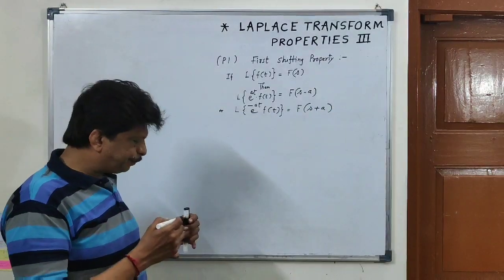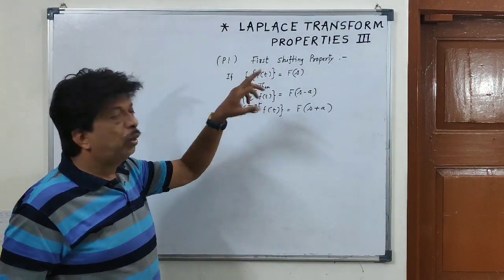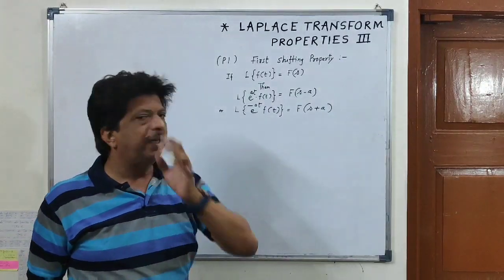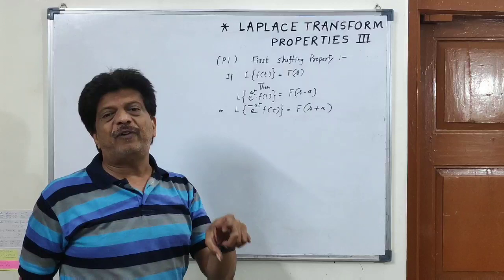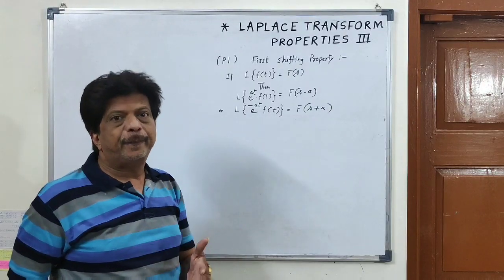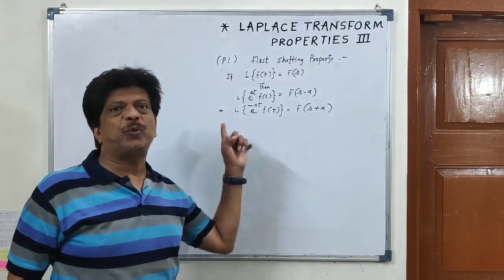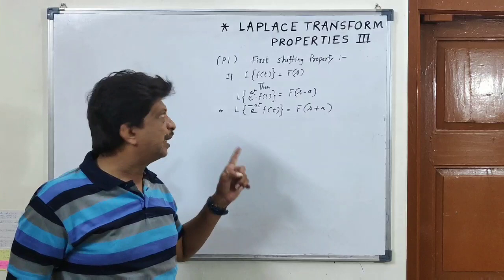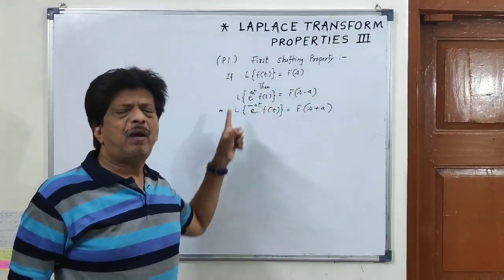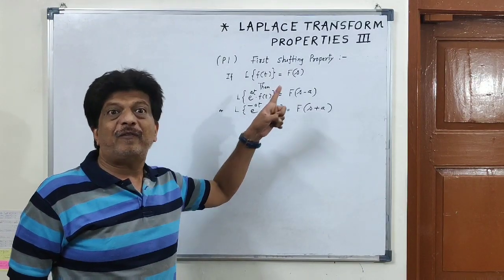What does it mean? It means if we know the Laplace transform of any function f of t, and the known value of that function's Laplace transform is F of s, then we can compute directly by this property the Laplace transform of e raised to power at into f of t or e raised to power minus at into f of t from F of s.